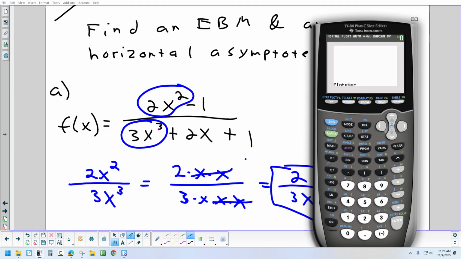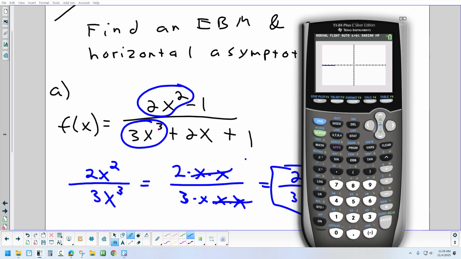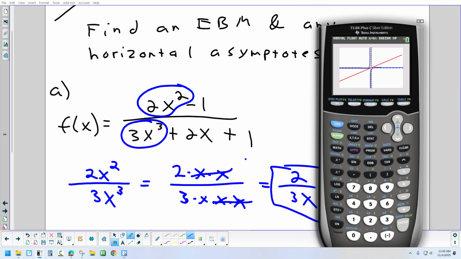So let's do zoom 6, and let's see how this looks. Okay, that's the problem that I gave you. The 2x squared minus 1 divided by... let me make sure I typed all that in right. I don't think I did. Nope, I forgot a parenthesis. When you type it in, you do have to put the 3x in parentheses.